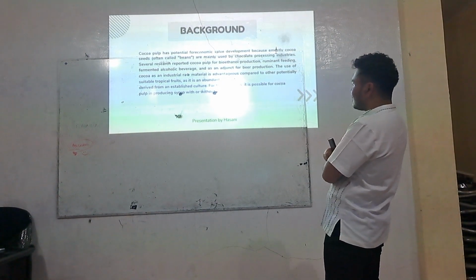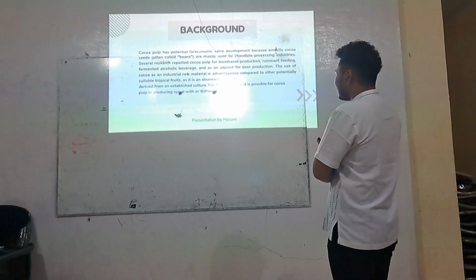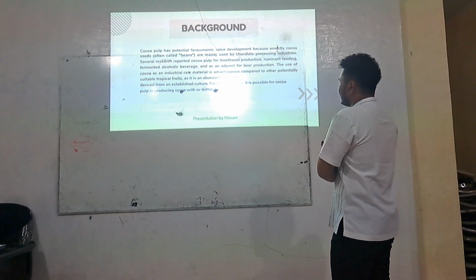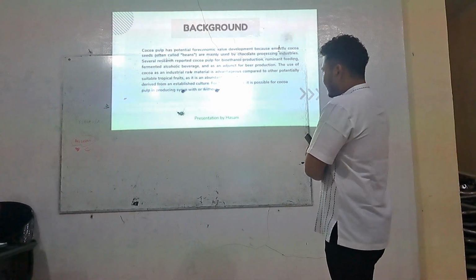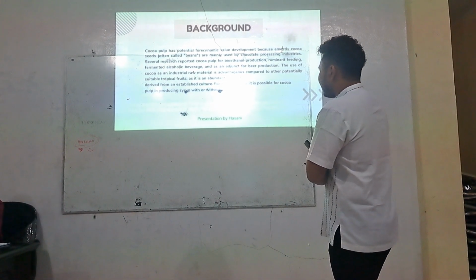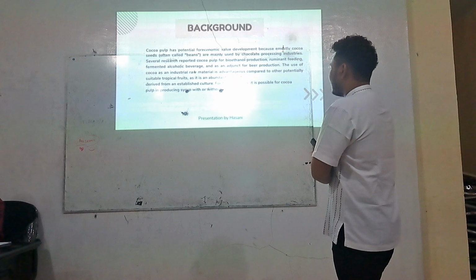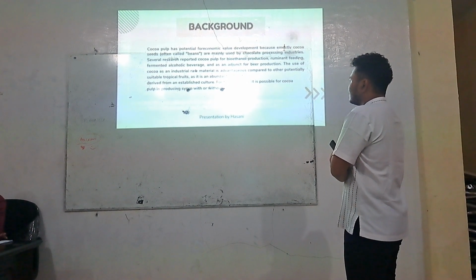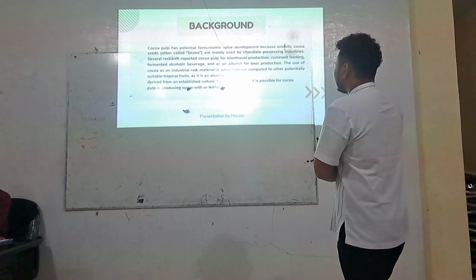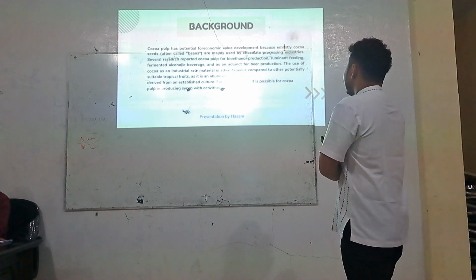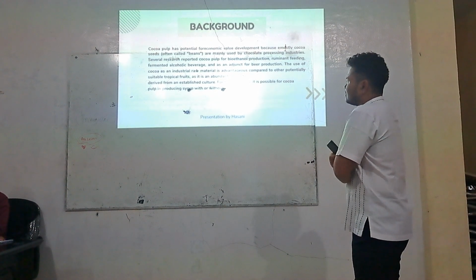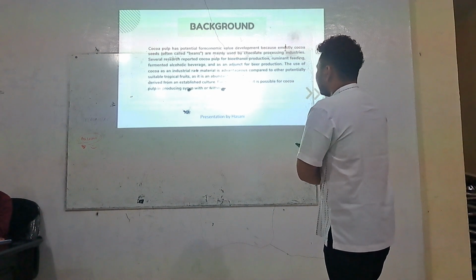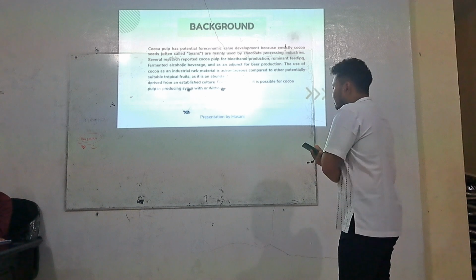Cocoa pulp as an industrial raw material is advantageous compared to other potentially suitable tropical fruit, as it is an abundant product derived from an established culture. For those reasons, it is possible to use cocoa pulp in syrup production, with or without white sugar.